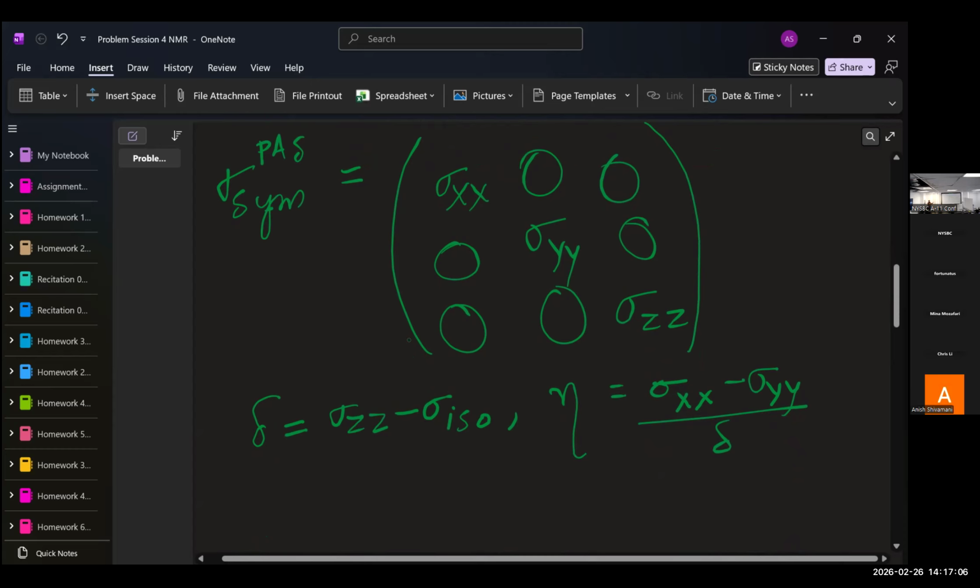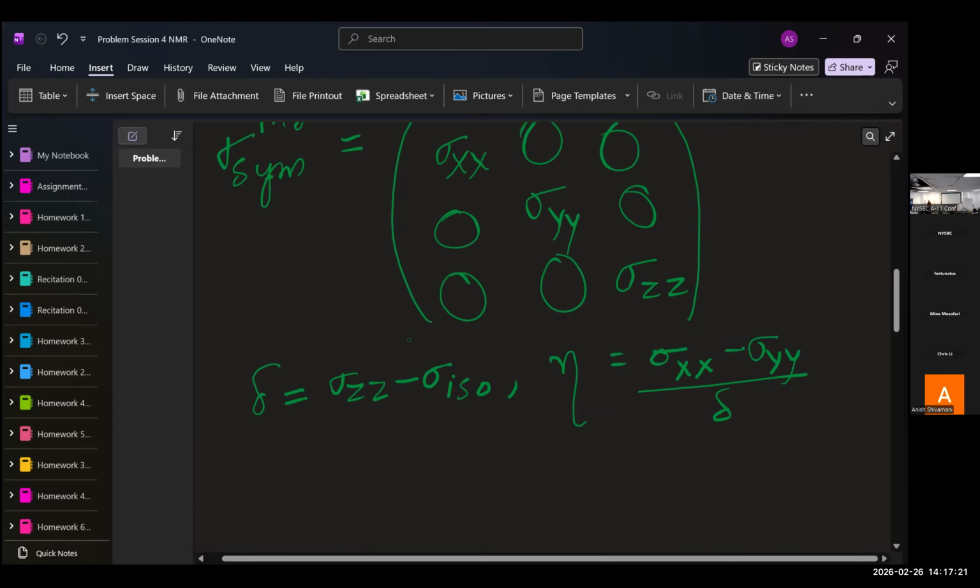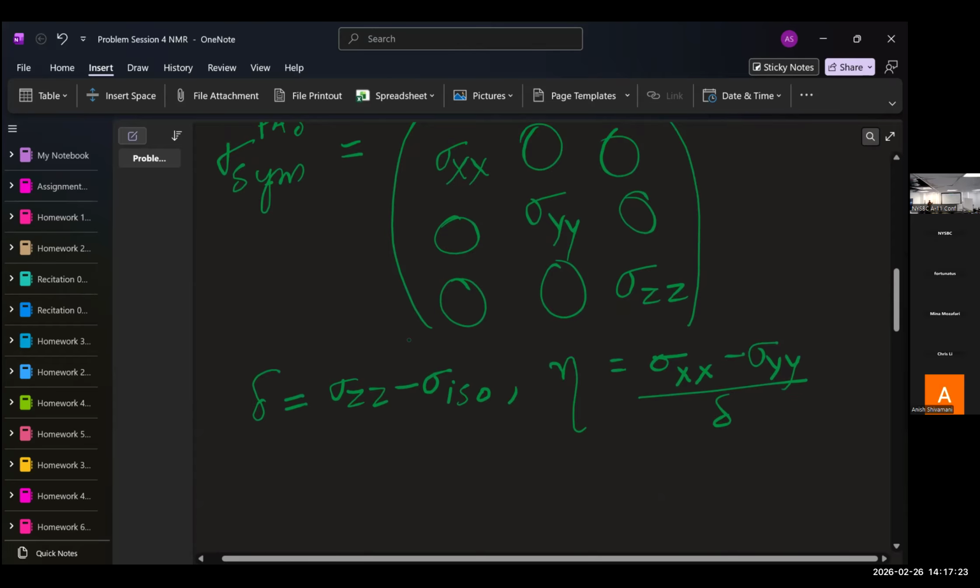These definitions are important when you're trying to navigate the literature, with some papers referring to the three components and some papers referring to the isotropic shift, the anisotropy, and the asymmetry. So if we wanted to go from XX, YY, ZZ to the diagonal components in terms of delta and eta, what would we do?